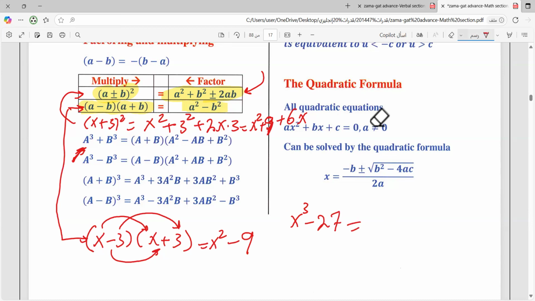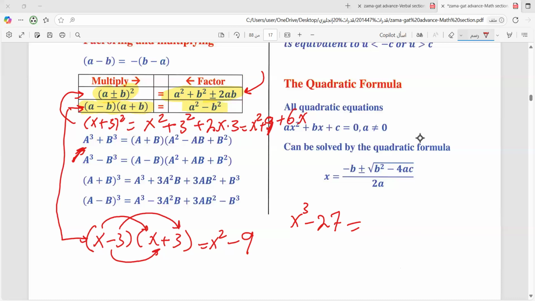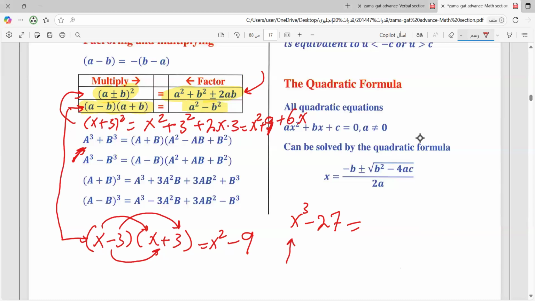How do I factor this? You take the cube root of x cube, which will be x, and you put negative. The cube root of 27 is 3. Then the second brackets from the small brackets.